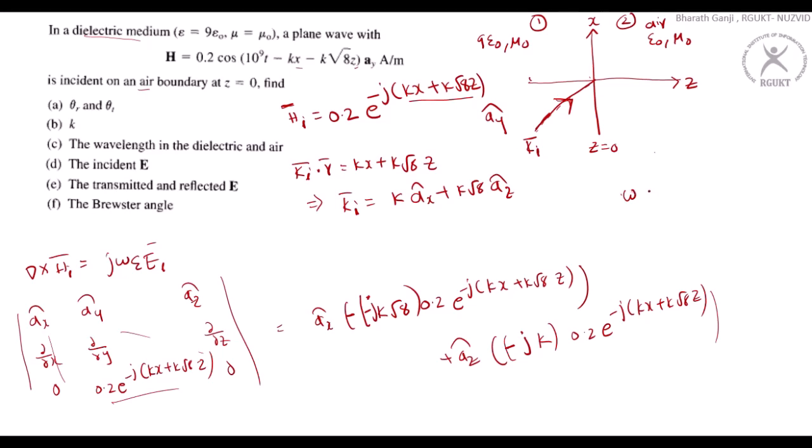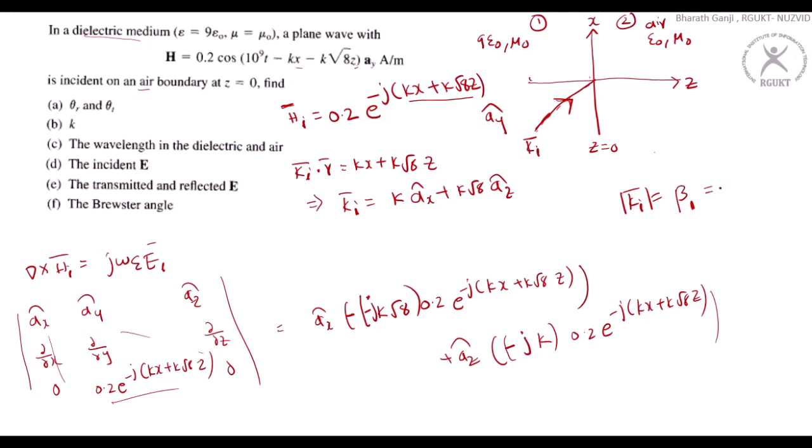Because the magnitude of k bar should be equal to the propagation constant we have in the first medium, this becomes beta.